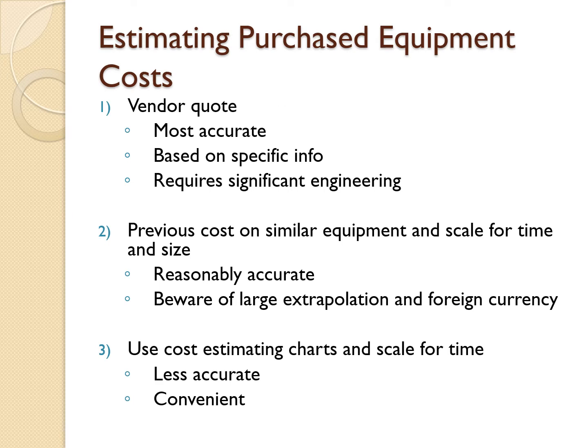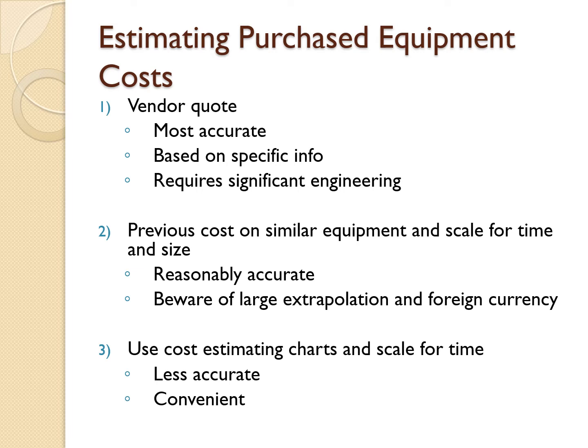Next is estimating purchase equipment cost. We have 3 ways to estimate the purchase equipment cost. First is vendor quotation. Next is previous cost of similar equipment, scaled for time and size.